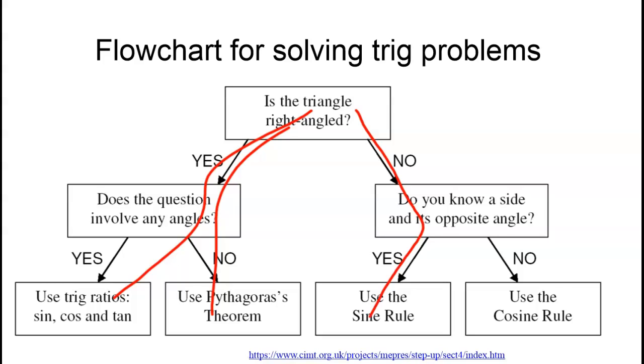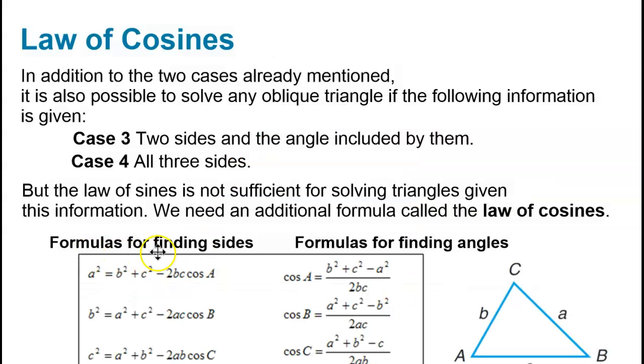Notice I said directly this time. When we look at the next triangles, you're going to notice that they're not right angles, and they don't have a side and an opposite angle. So we're going to be looking at a different law, the law of cosines.